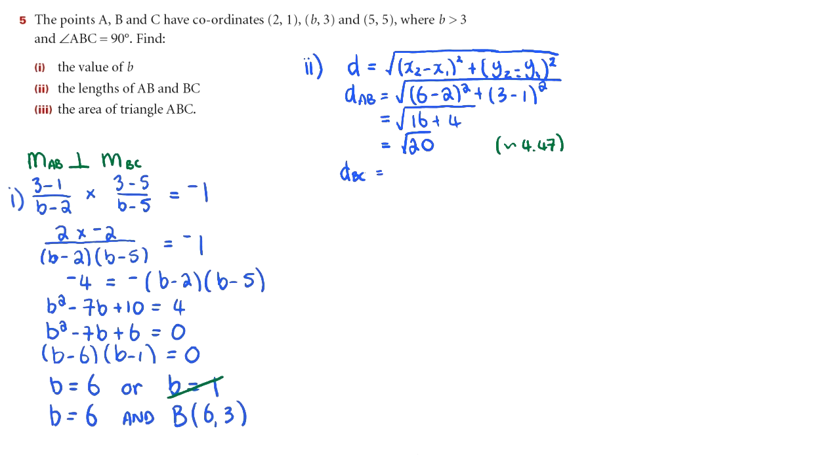So I'm going to put B and I'm going to subtract C. So for the x values, I have the square root of 6 minus 5 squared plus the y values 3 minus 5 squared. 6 minus 5 is 1, squared you get 1, and 3 minus 5 is -2, squared you get 4. 1 plus 4 is 5. So the answer for the distance BC is root 5, which is approximately 2.24.